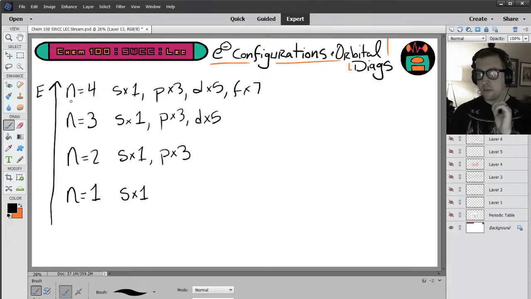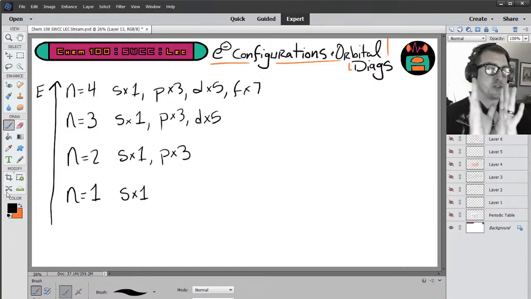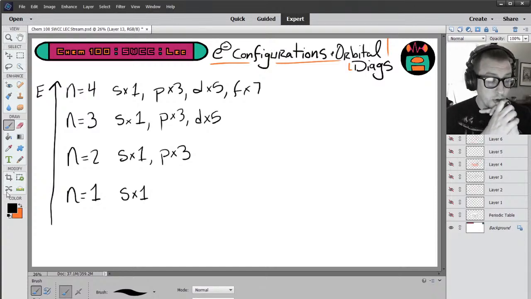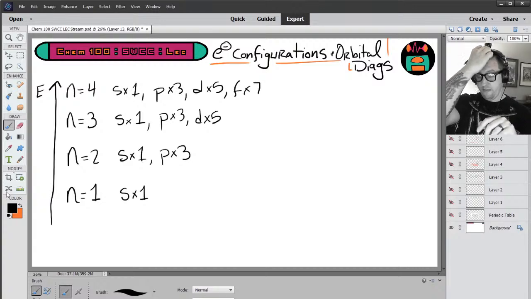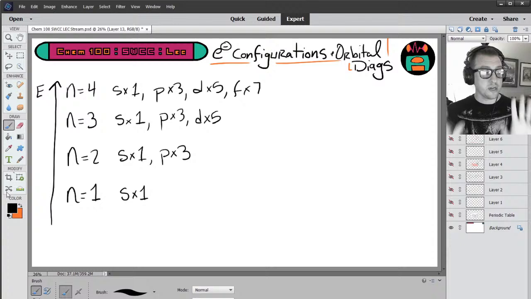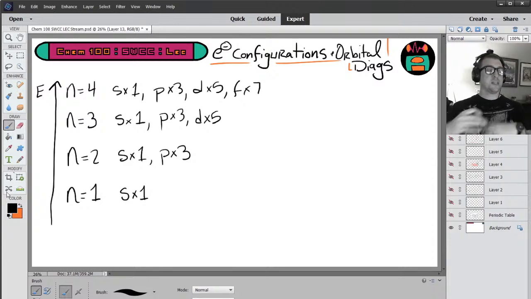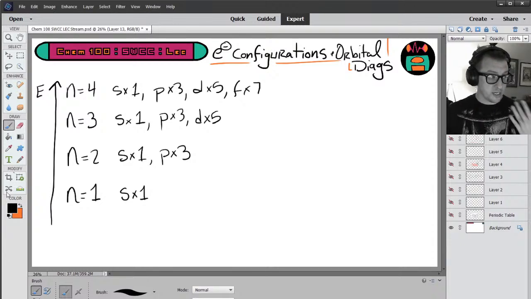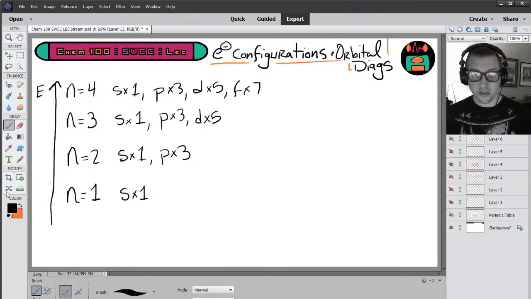You also need to keep in mind three principles as we write these electron configurations. I know I haven't told you what electron configurations are. I'm going to in a second, but first I just want to get these written down so you can have them as reference. Then I'll tell you what they are, and then we'll start doing the examples, because that's the best way to learn them. All right, so the three principles you need to write electron configurations.